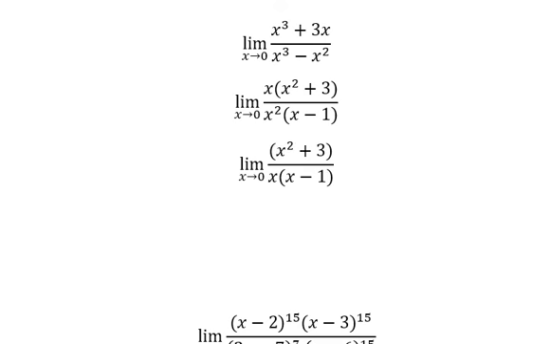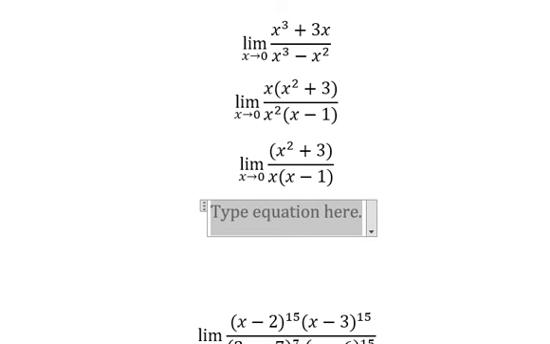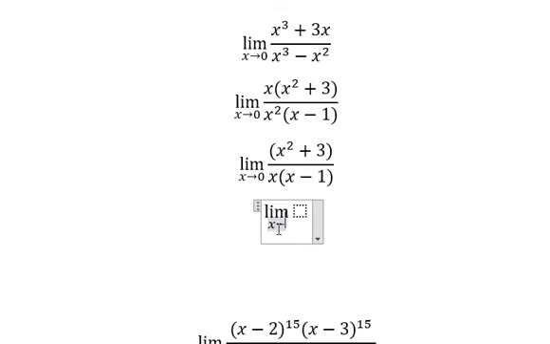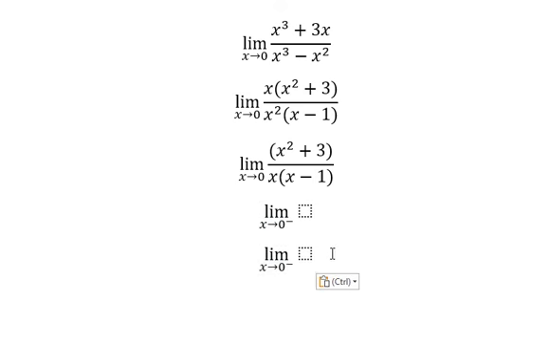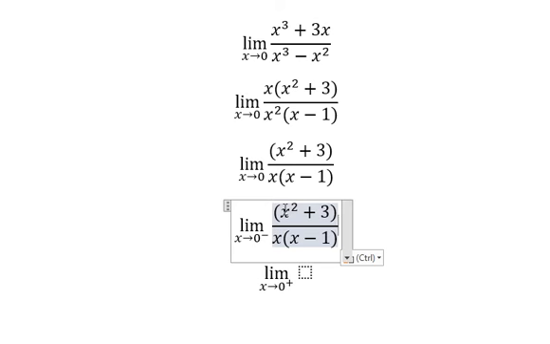So in this situation, we need to consider the limit on the left and the limit on the right. When we put number 0 in here, you get positive number 3.